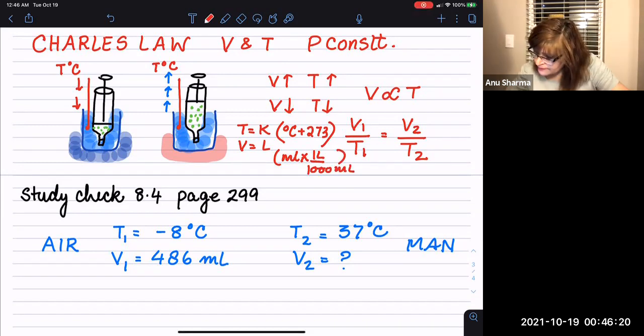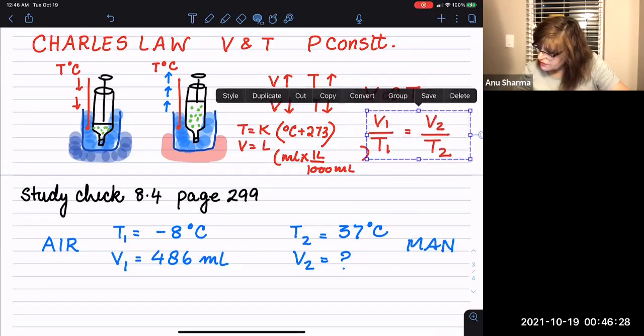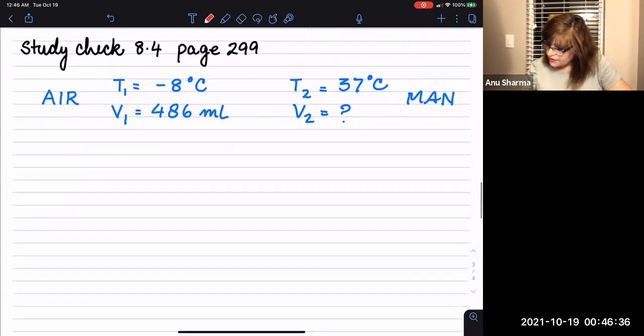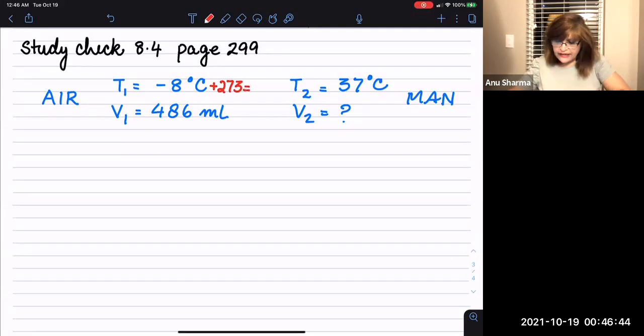Okay, let me move this a little bit further away so it's out of the way. So these are the important pieces, that the degrees Celsius has to be converted to Kelvin. So that is 273.